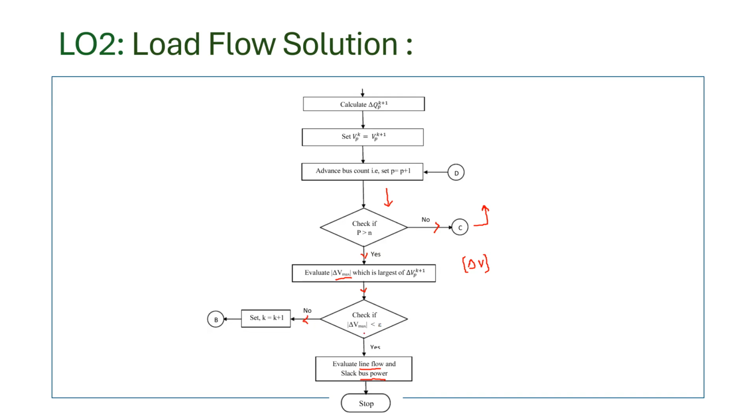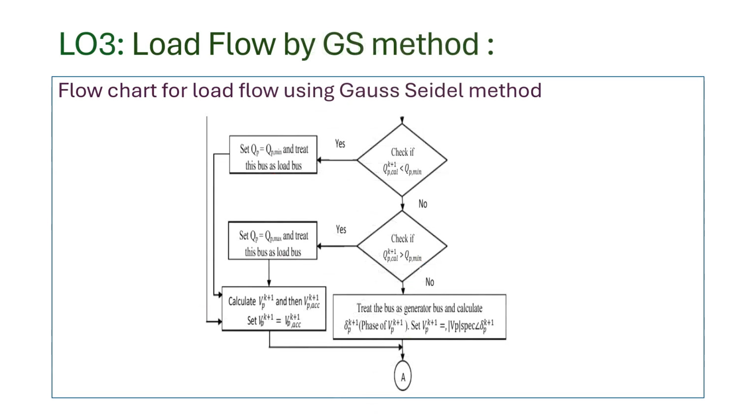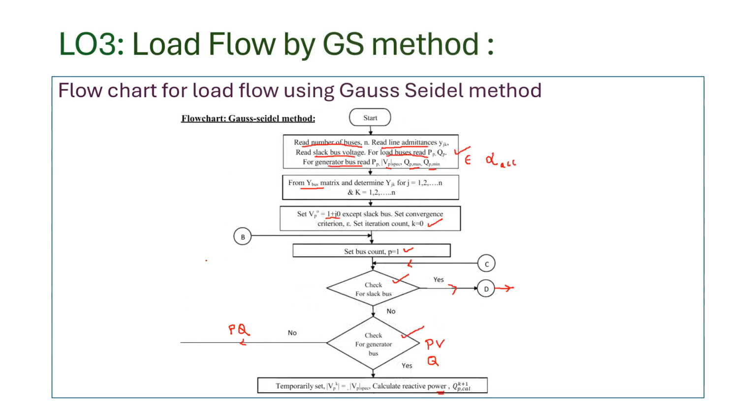If delta V max is not less than the tolerance, it means we have not reached the final correct values and still more iterations are required. Then we go for the next iteration to B. So this B will come over here, and again you start with the second iteration.